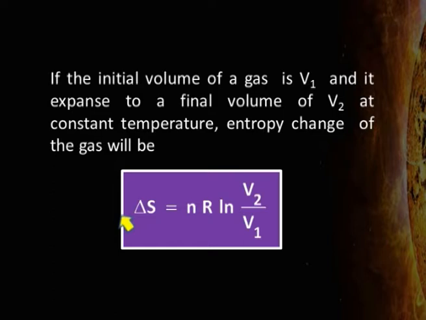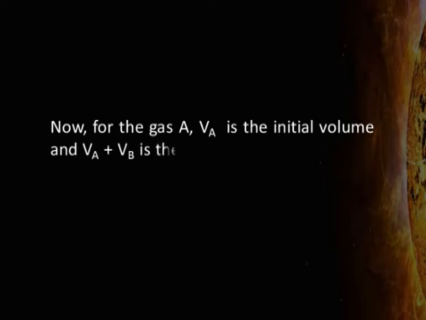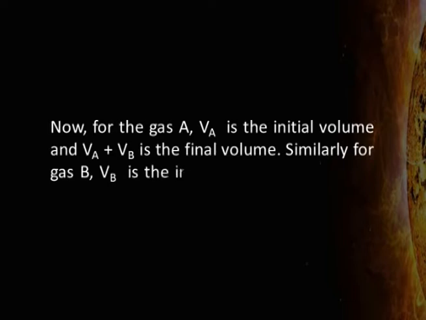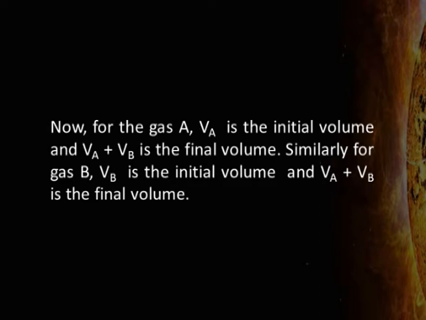Here delta S is increase in entropy, N is total number of moles of the gas, R is universal gas constant, V2 is final volume of the gas, and V1 is initial volume of the gas. Now for the gas A, Va is the initial volume and Va plus Vb will be the final volume. Similarly, for gas B, Vb will be the initial volume and Va plus Vb will be the final volume.